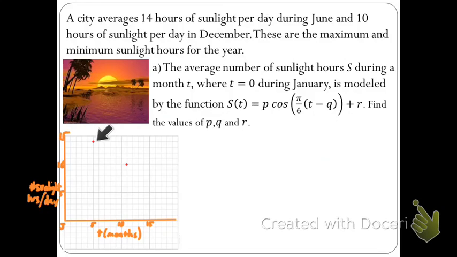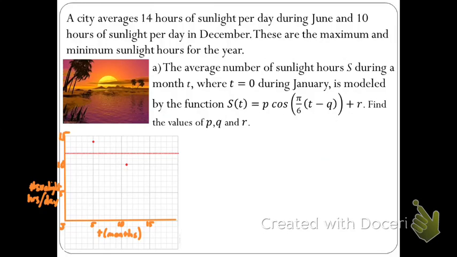So based on the maximum and minimum values, we could figure out what the middle value is just by adding them. 14 plus 10 is 24, divided by 2 is 12. Now I'll go ahead and plot y equals 12 there. And let's see if this makes sense to you. If we average 14 hours of daylight in June, 5 months after January, wouldn't we also average 14 hours of daylight the next June, which will be 12 months later, or 17 months after January?